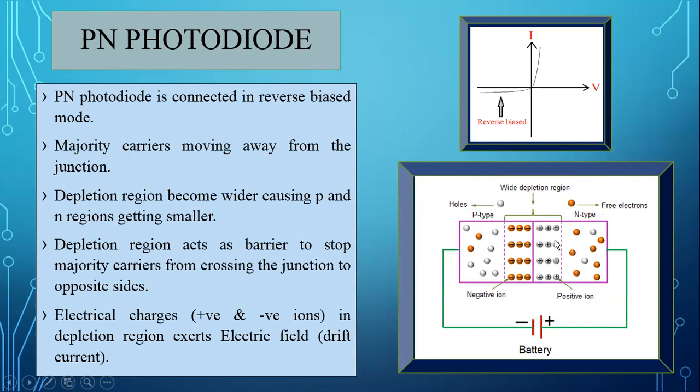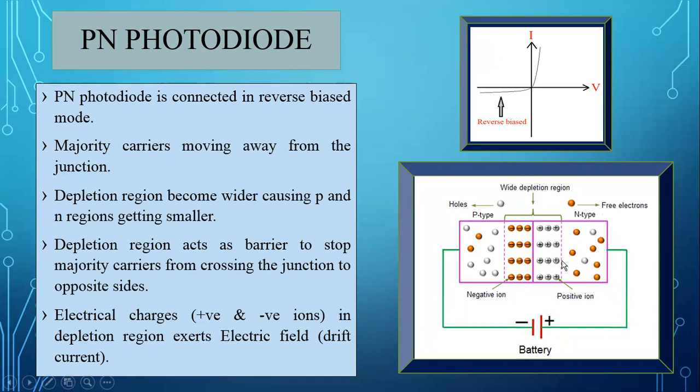This depletion region acts as a barrier to stop the majority carriers from moving across the junction. However, there are still a few carriers that are able to move across the junction to the opposite side and become minority carriers.